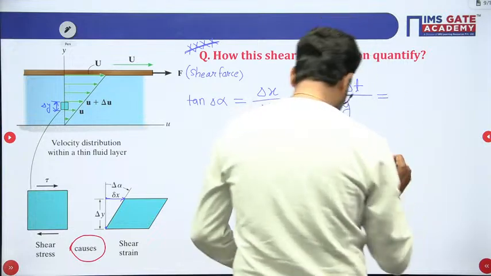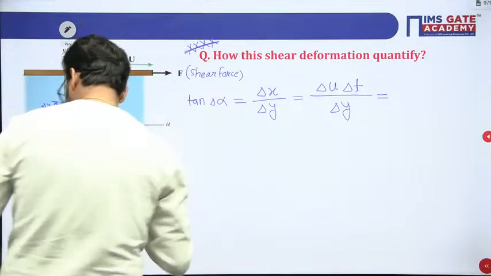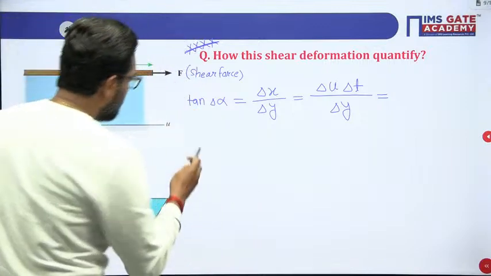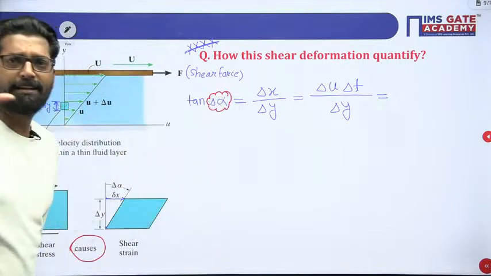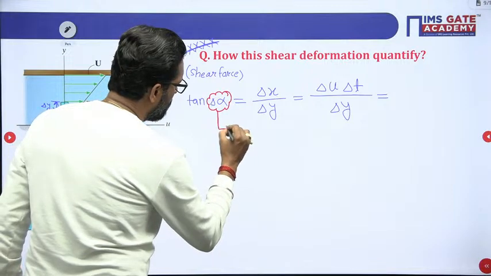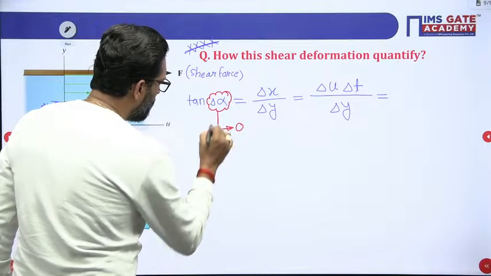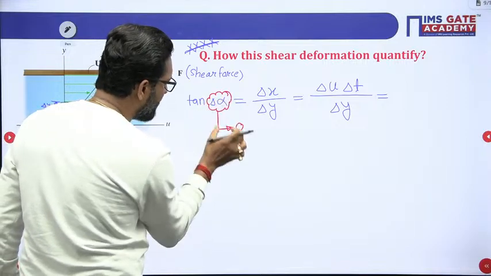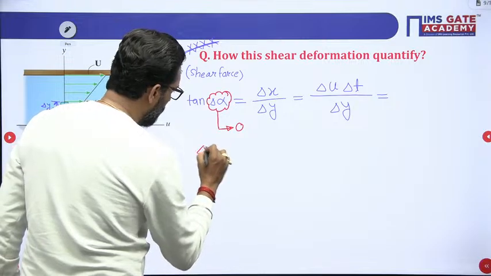Now my dear, this deformation is very small. We have to measure very small deformation. That means you have to take this tends to be 0. If tan theta tends to be 0, that means theta tends to be 0, so tan theta is theta, that means this is del alpha.